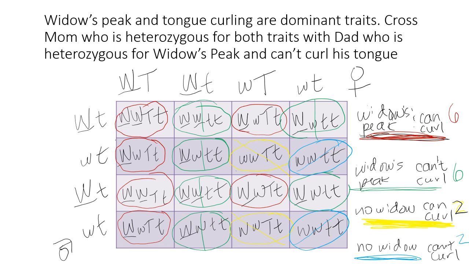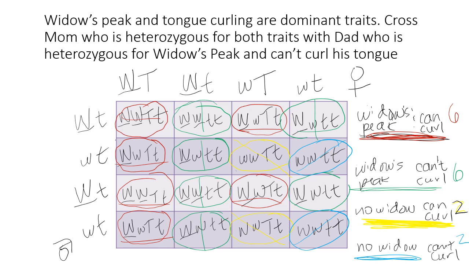If you don't have a colored pen, I recommend doing some sort of system so that you know what you've done if you just have one color. Everybody kind of with me on that one? So using some sort of system so you can color coordinate this. Now 6, 6, 2, 2.